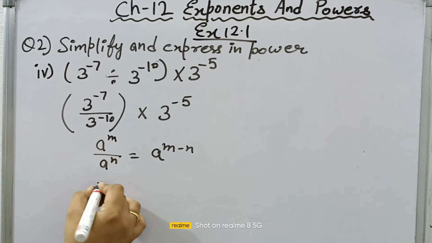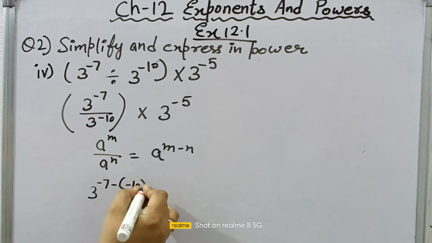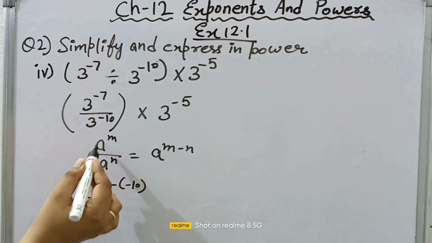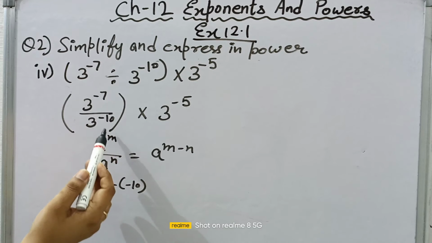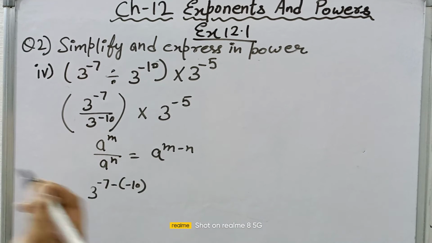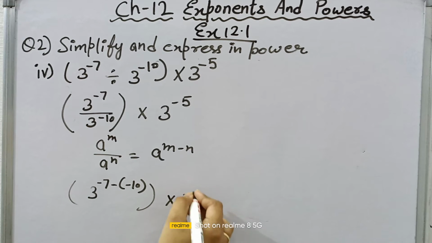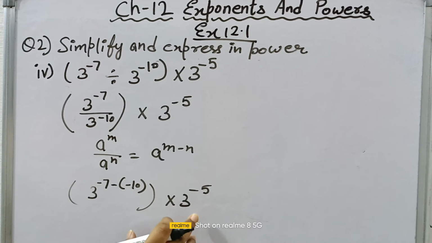We can write 3 raised to the power minus 7 minus 10 because 3 was the base and m was minus 7 and n was minus 10. So I just applied this law and write this. Now it is multiplied with 3 raised to the power minus 5. We are not touching this 3 raised to the power minus 5 because firstly we will solve this bracket only.